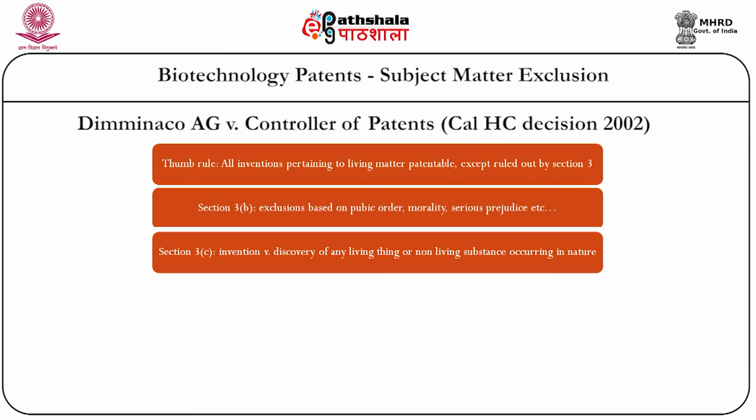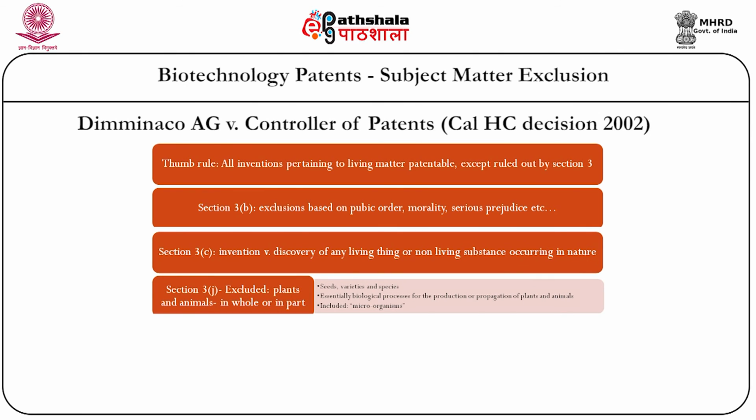There are express policy considerations that are employed in section 3J, wherein the exclusion extends to plants and animals in whole or in part. It also excludes seeds, varieties and species, essentially biological processes for the production and propagation of plants and animals, but as per the mandate of the TRIPS agreement, wherein microorganisms must be patented, here also in India microorganisms are allowed patents.